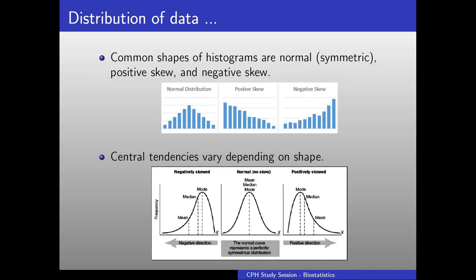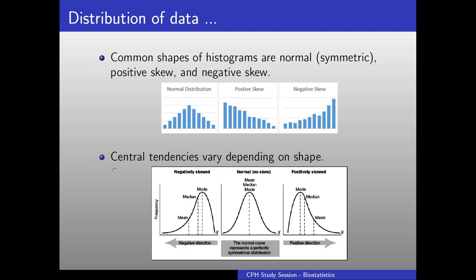You have positive skew and negative skew, which means that many of the observations are clustered on one end or the other. Why that's important is that central tendencies vary depending on shape. If the shape is symmetric, or more specifically bell-shaped, the mean, median, and mode all coincide. That's all in the middle, and that's the middle picture that I have here.